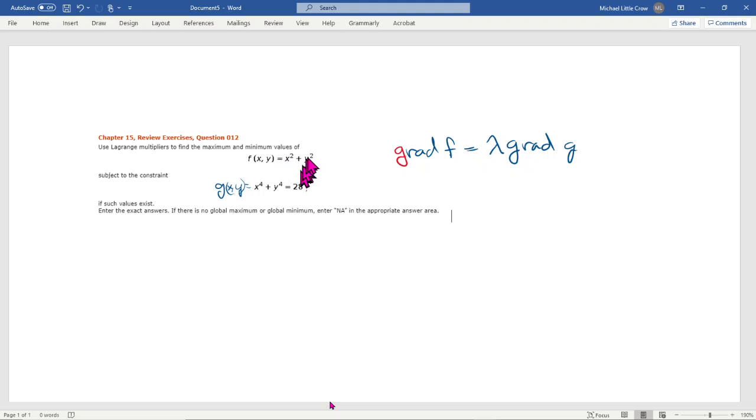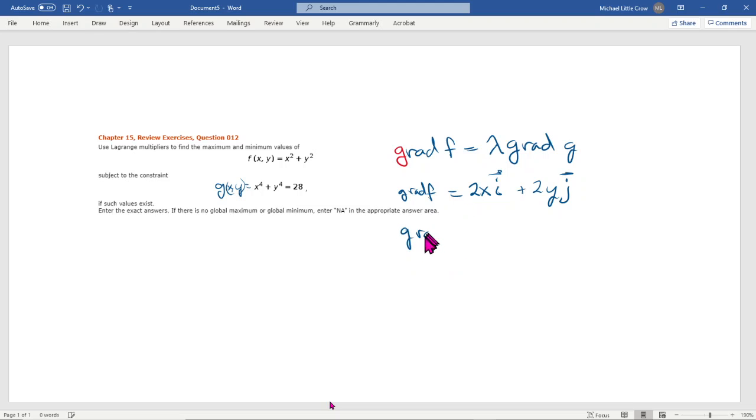is the vector when we take the partial derivatives. So the derivative with respect to x is going to be 2x, and that's going to give us in the x direction, or the i direction, right? The derivative with respect to y is going to be 2y, and that's in the j direction. So here's our gradient of f.